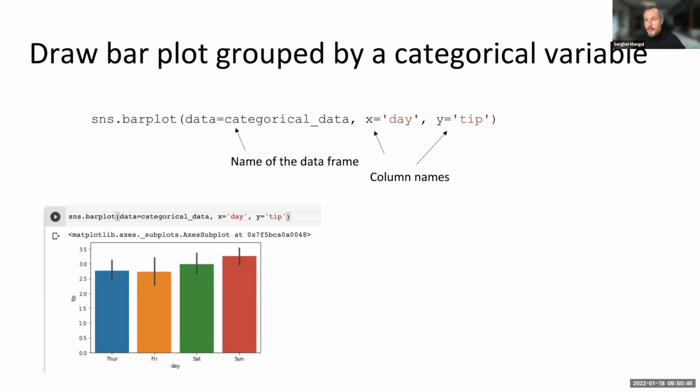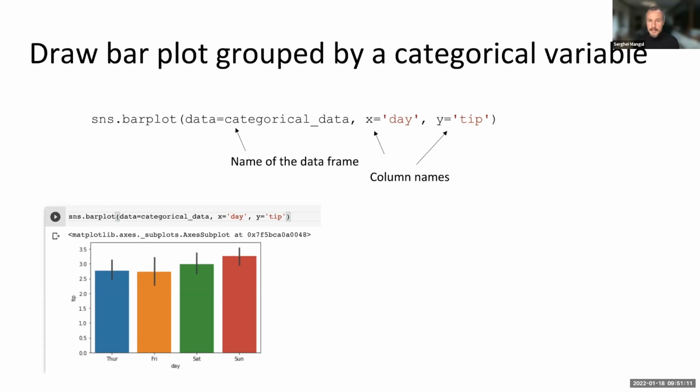Then we say barplot, because this is the function we would like to use. Then data equals. So what is our data? Our data is the name of the data frame, the one we have imported using Pandas, or the one we are using right now for Seaborn. In our case, the variable name is categorical_data.